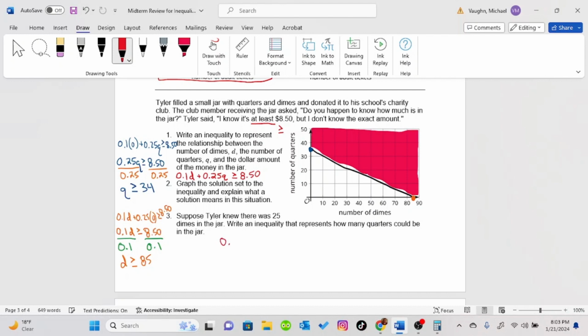So if we say we know the number of dimes, we say 0.1 times 25 plus 0.25 times quarters is greater than or equal to $8.50. 0.1 times 25 is 2.5.